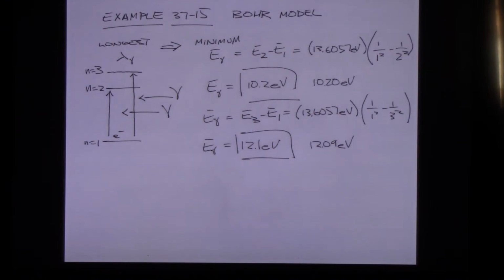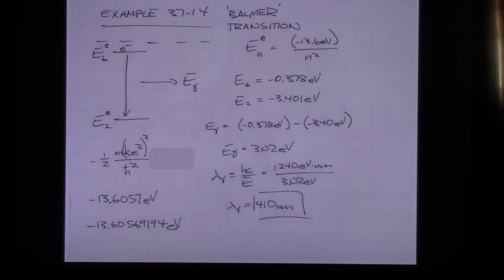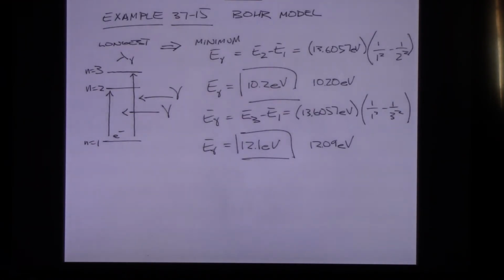So it's 1 over the lower state squared minus 1 over the upper state squared. So I've factored out the 13.6. I'm using a shortcut version for these calculations. Go back and check. That's a good way to practice these. We've done these a few times now, and so each time I'm using less and less math, I guess, because we've seen it before.